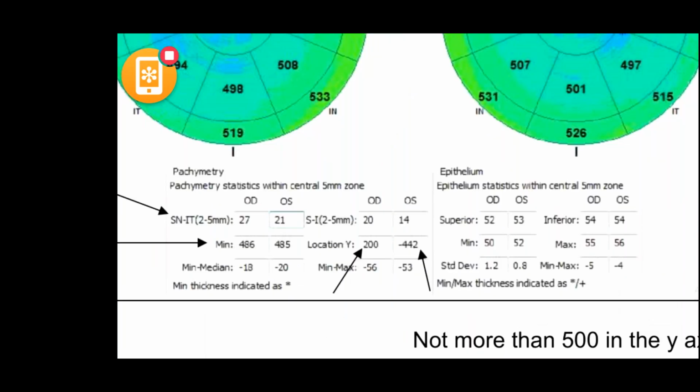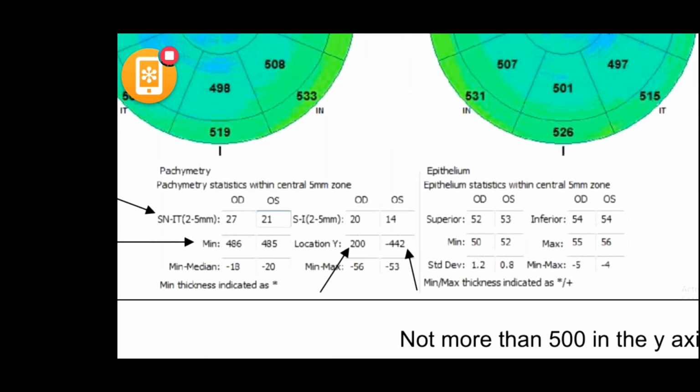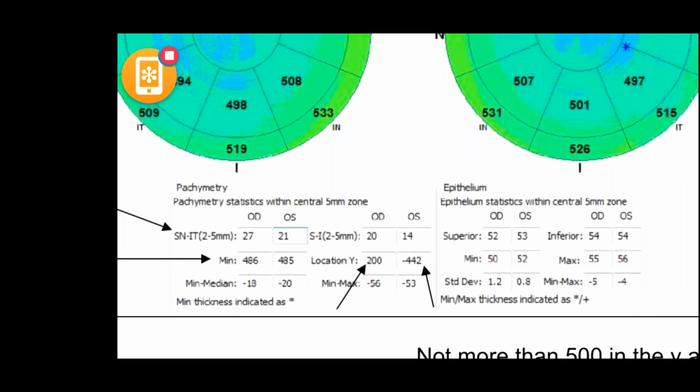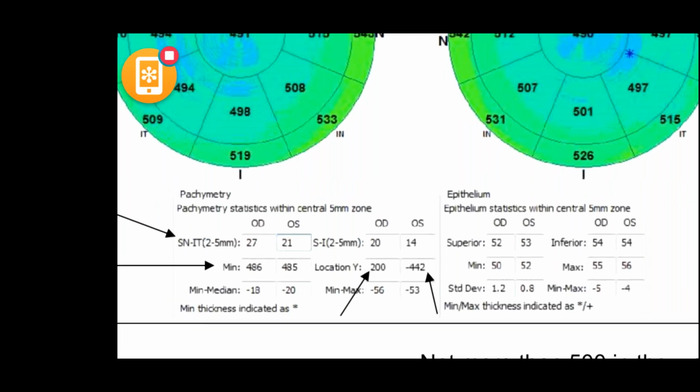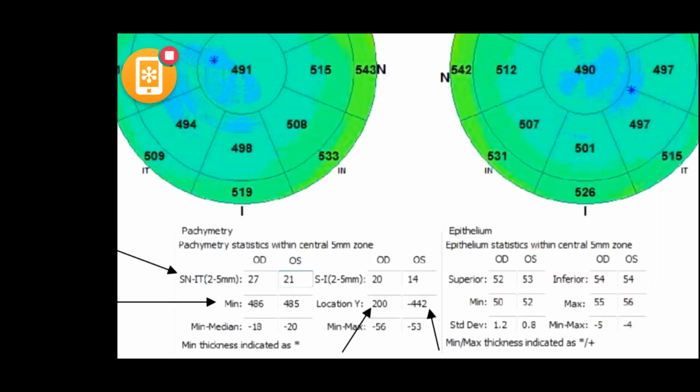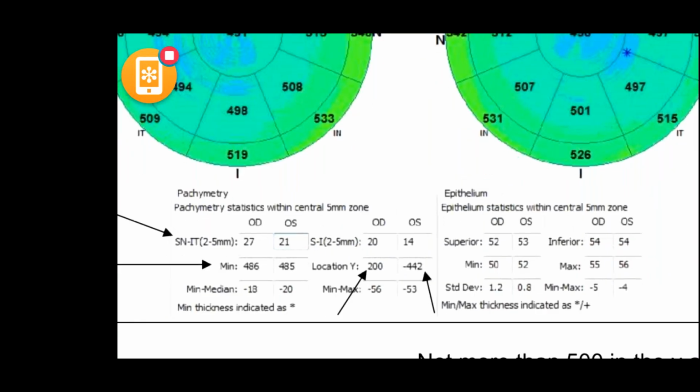And if it is about 1,000, well, 1 millimeter down, I would say there's something definitely going on. So when you're looking at the pachymetry, you're looking at the superior nasal, inferior temporal difference, the difference between the two eye thicknesses, and how far below the thinnest point has gone in the y-axis.